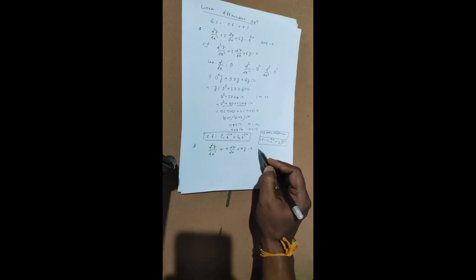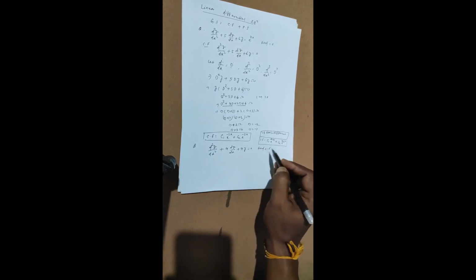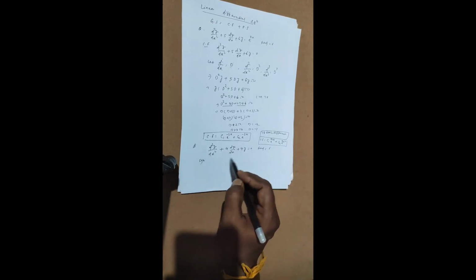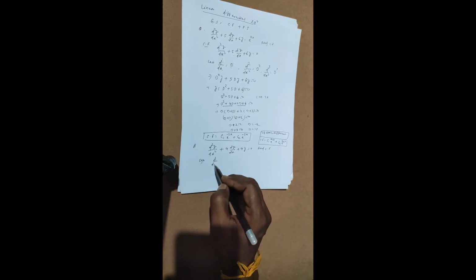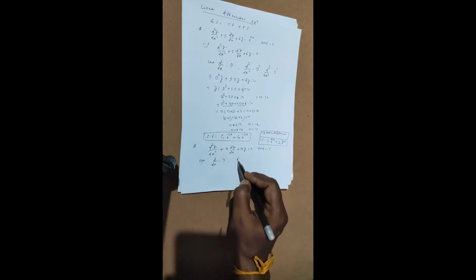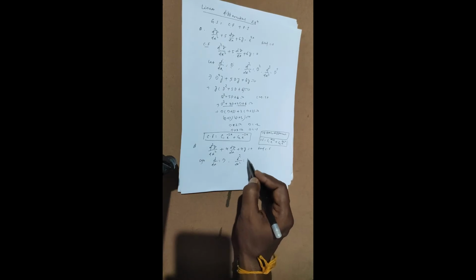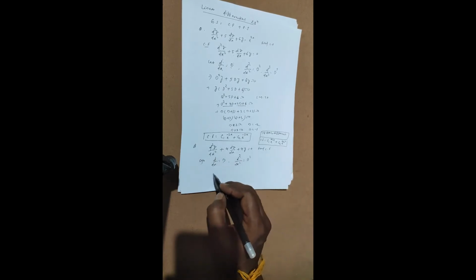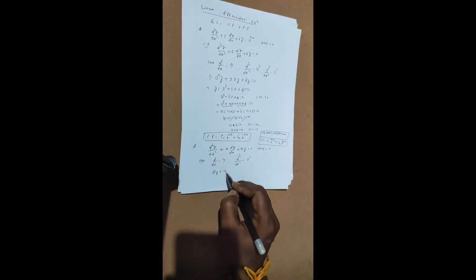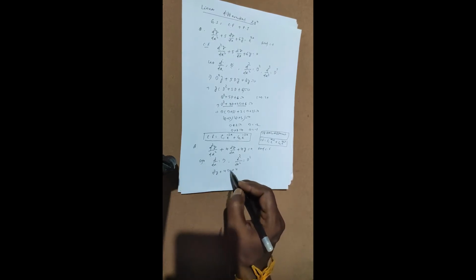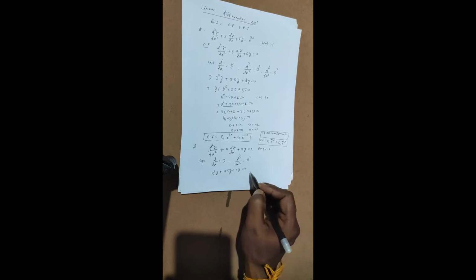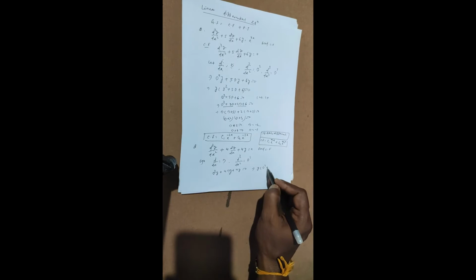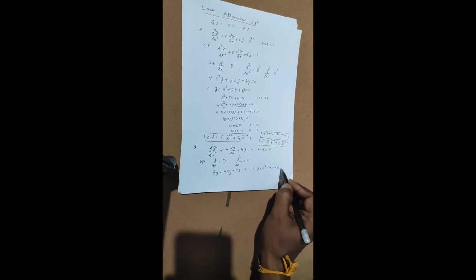Find the complementary function, CF. First of all, we write the equation, where d by dx is capital D and d square by dx square is D square. Put this value: D square y plus 4D y plus 4y. The y is common, so y times (D square plus 4D plus 4) is equal to 0.